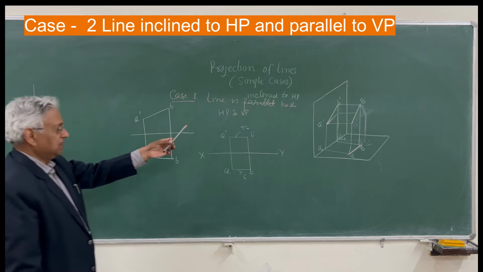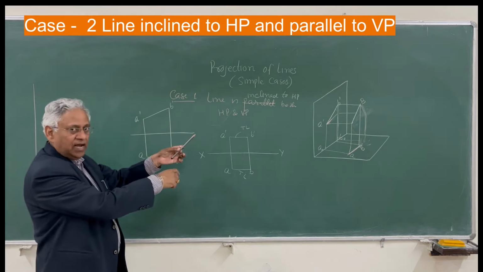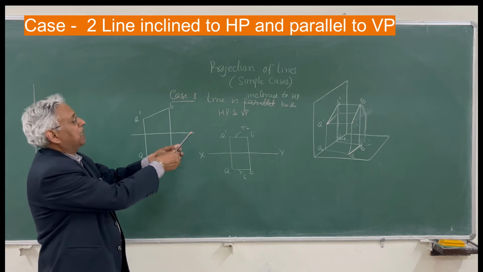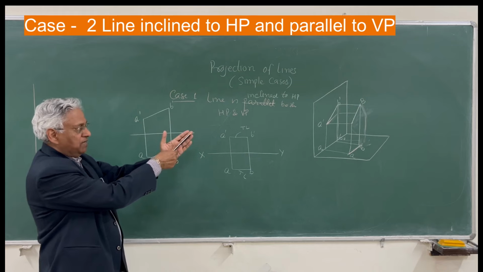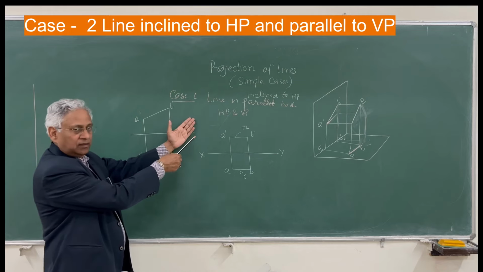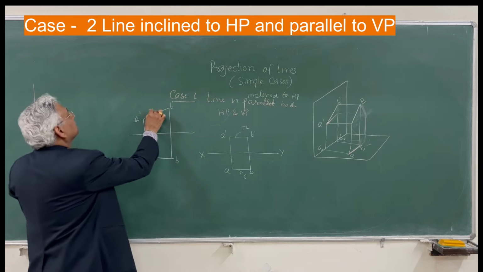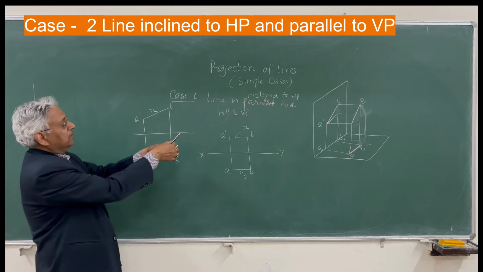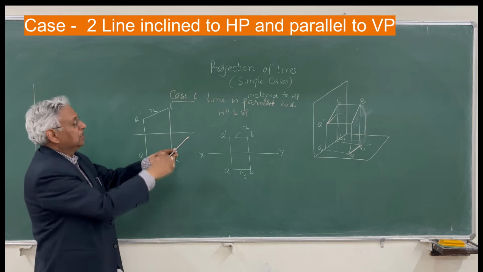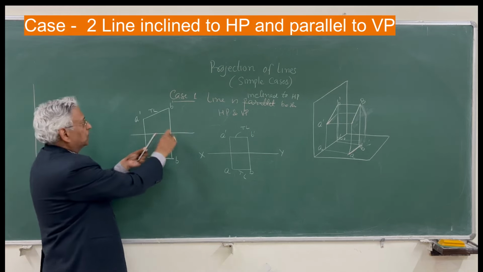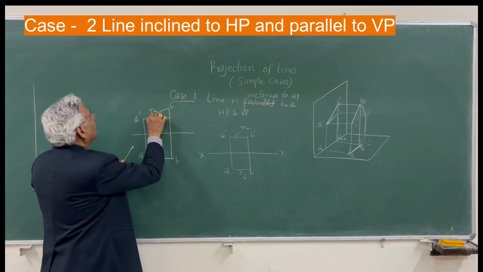This line is inclined to the horizontal plane at angle theta, but parallel to the vertical plane, and therefore this true length AB will be projected on the vertical plane. So this is the true length, and the angle made by the line with the horizontal plane can be measured in the vertical plane. So this is the angle theta.